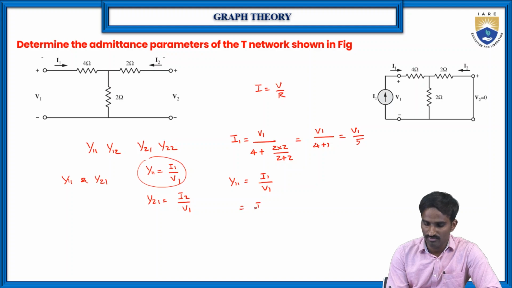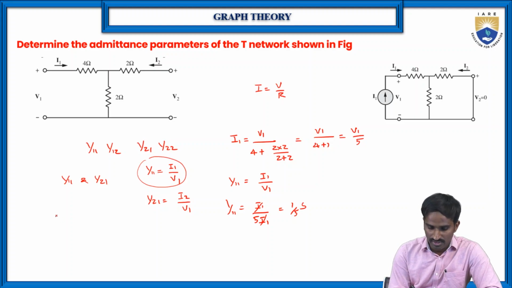Then I1 by 5 into I1, and I1 gets cancelled. Then Y11 is equal to 1 by 5 siemens, the admittance. So Y11 is equal to 1 by 5. This is the way to find Y11.